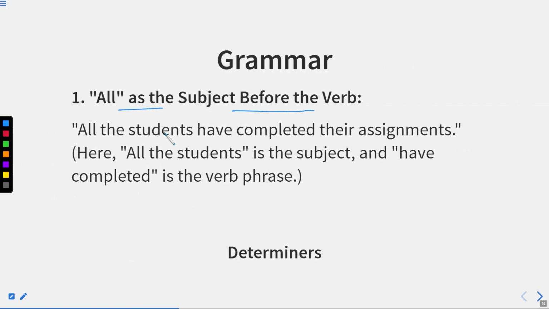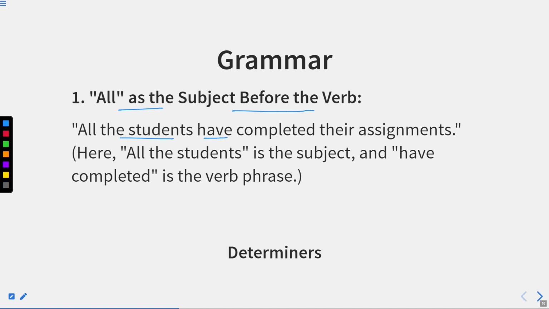All as the subject before the verb. So as I told you, all can be used before a countable noun. All can be used before uncountable nouns. If it is used before countable nouns, they are always plural. And if there is an uncountable noun, it should be singular and it should be followed by the singular form of the verb only.